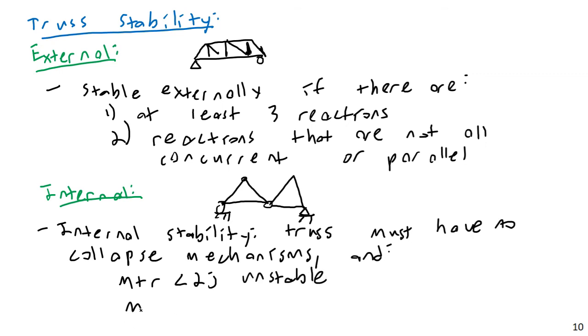And if M plus R is greater than or equal to 2J, it will be stable. So as long as M plus R is at least equal to 2J, this thing will be stable. Again, as long as there are no inbuilt collapse mechanisms.